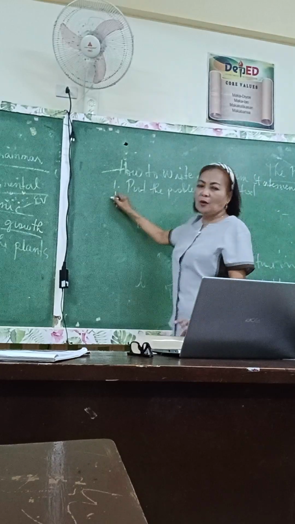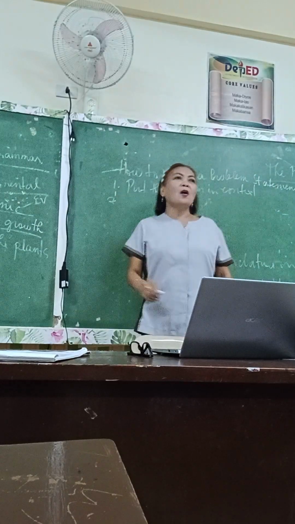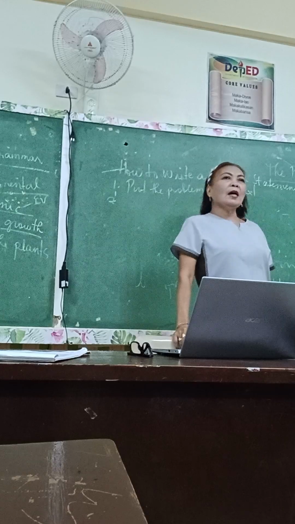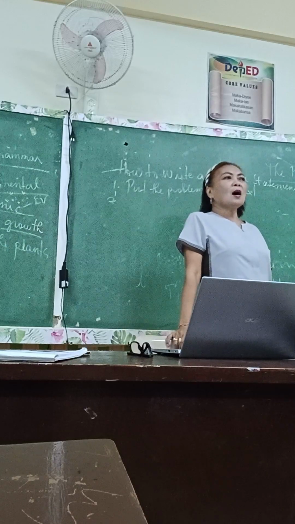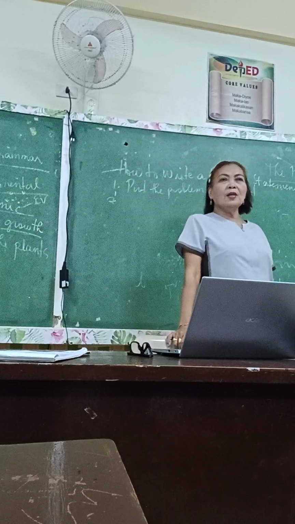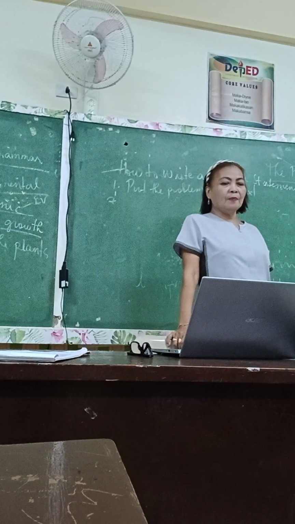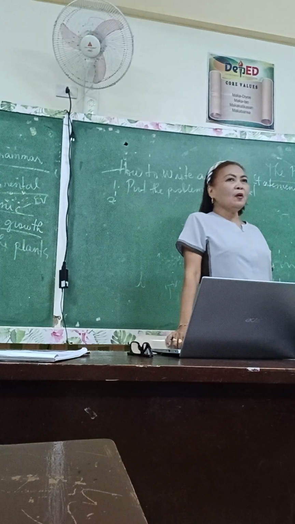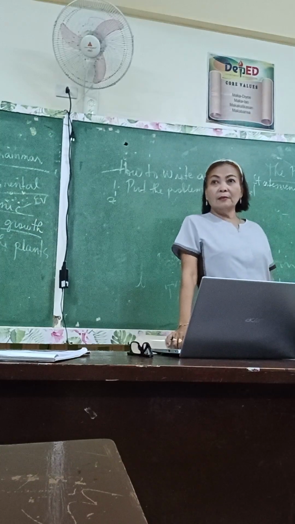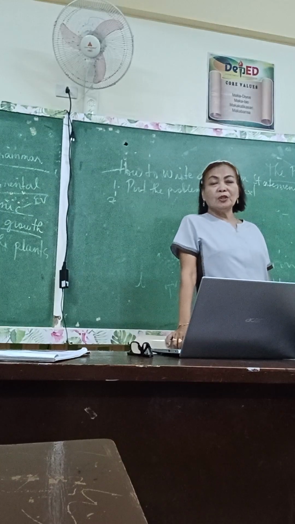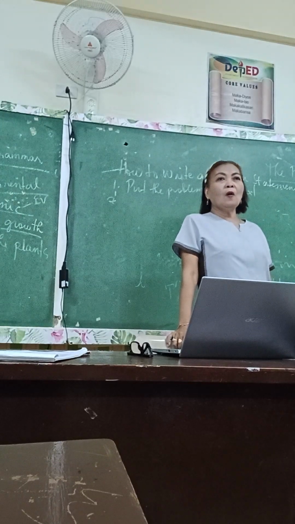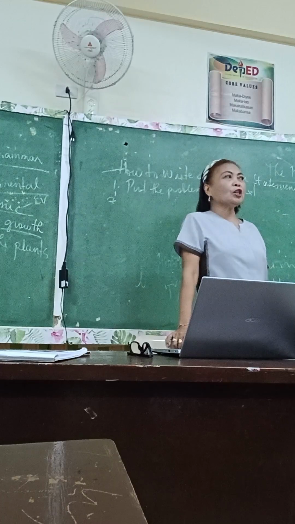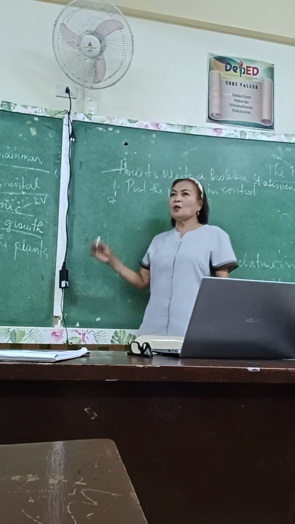Put the problem in context or tell what you already know about the problem. No? Or what do we already know and trying to make a research about this particular problem.